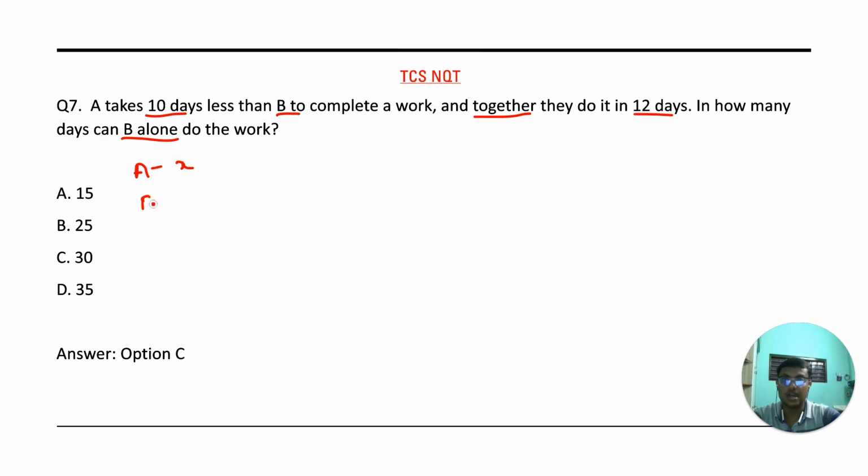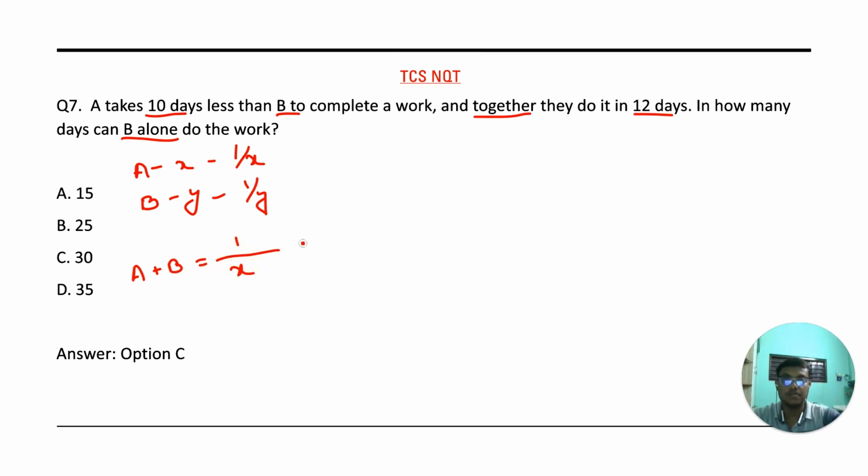So let's say A takes X days to do the work and B takes Y days to do the work. Thus, A can do 1 by X of the work in 1 day and B can do 1 by Y of the work in 1 day.